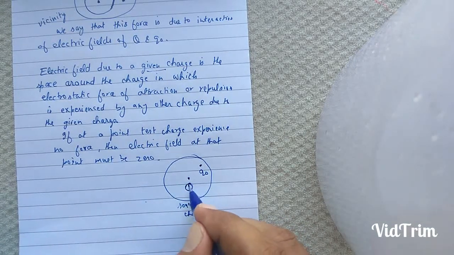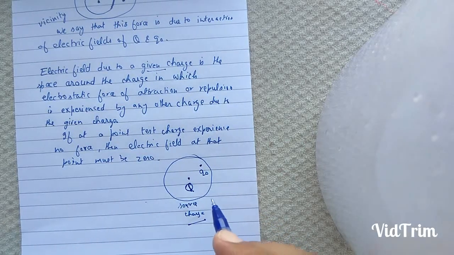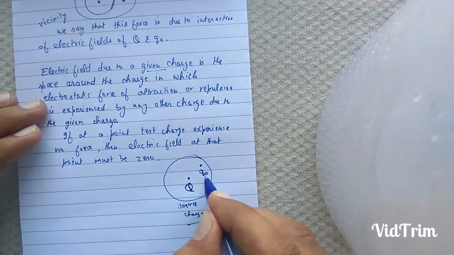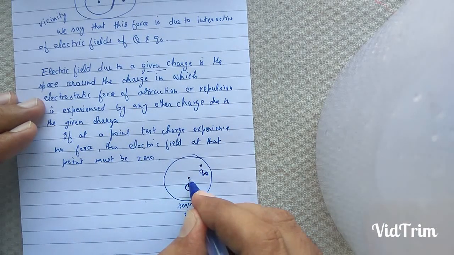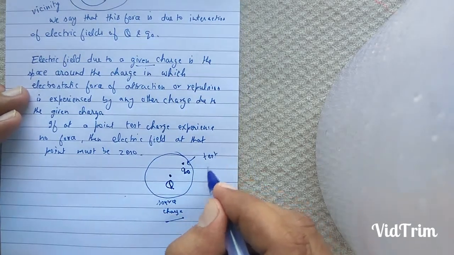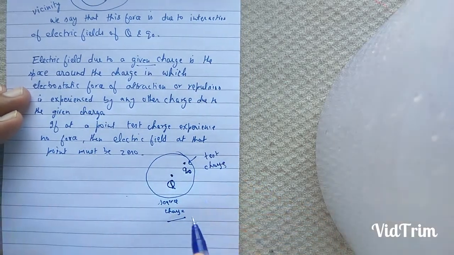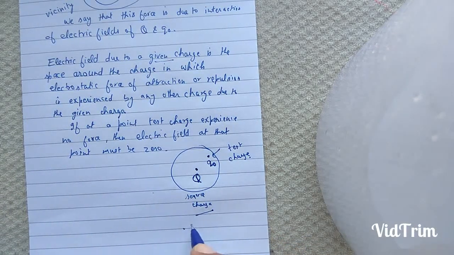The charge capital Q which is producing the electric field is called source charge, and the charge Q naught which tests the effect of charge capital Q is called test charge. The electric field may be due to a single charge, or due to a group of charges, or due to a continuous charge distribution.